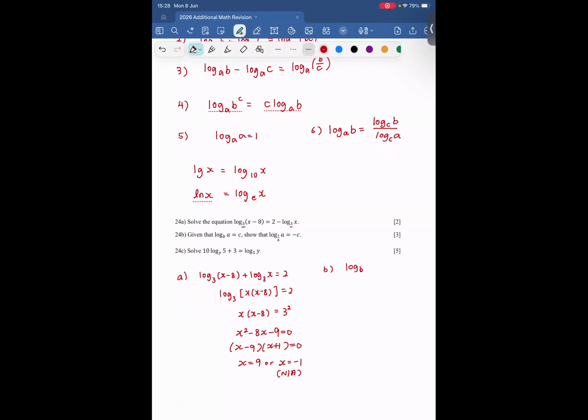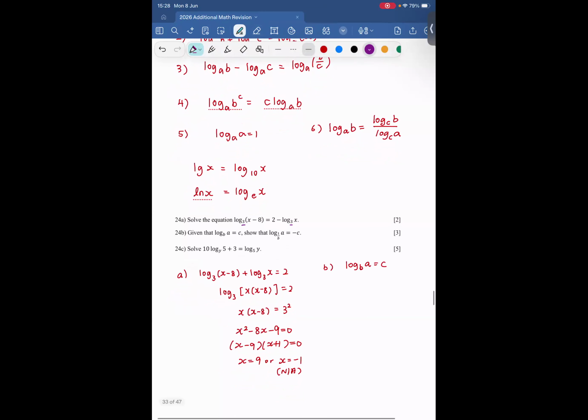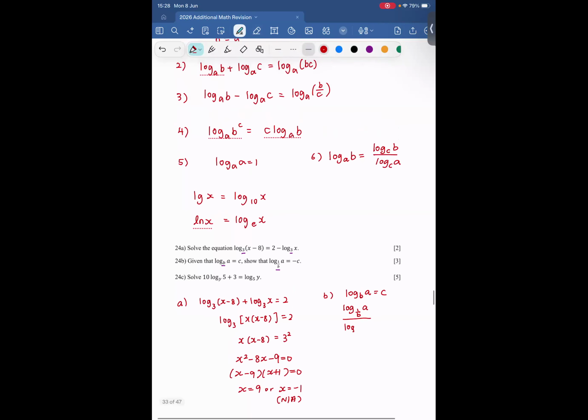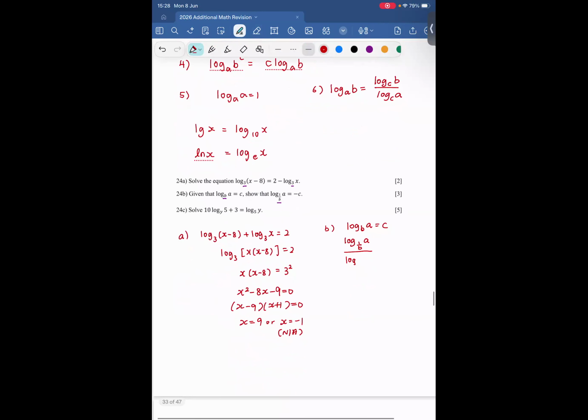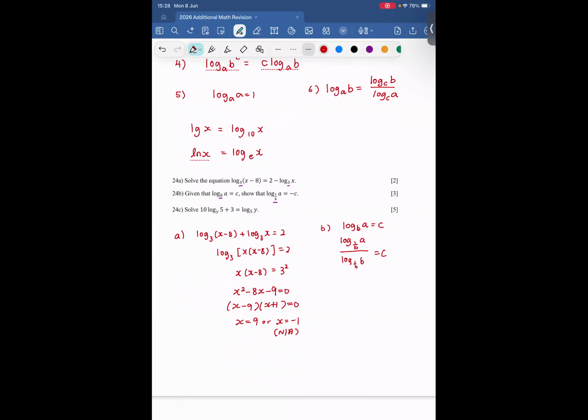show that. So you can see that the base here is B, the base here is 1 over B. So what we want to do, we change to the base 1 over B, okay? So if I change to the base 1 over B, this will be log base 1 over B of A over log base 1 over B of B equals to C. Okay, what is B?